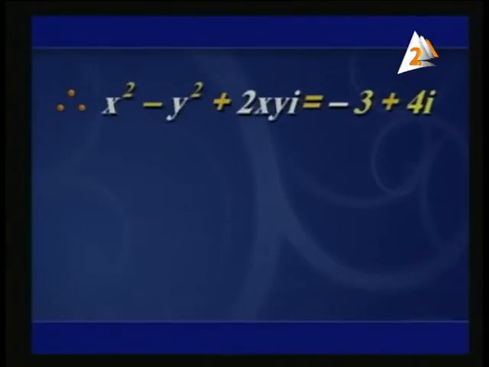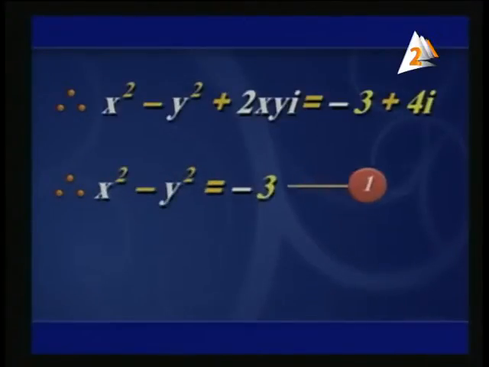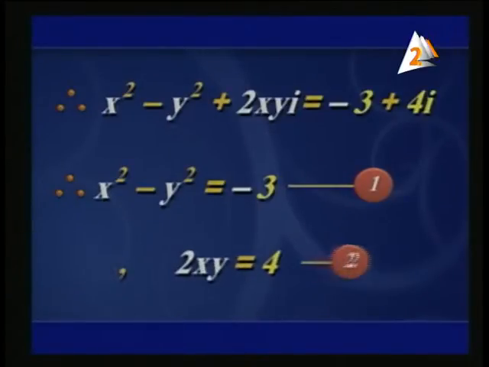Therefore, x squared minus y squared plus 2xyi equals negative 3 plus 4i. Therefore, the real part: x squared minus y squared equals negative 3, equation number 1, and the imaginary part: 2xy equals 4, this is equation number 2.